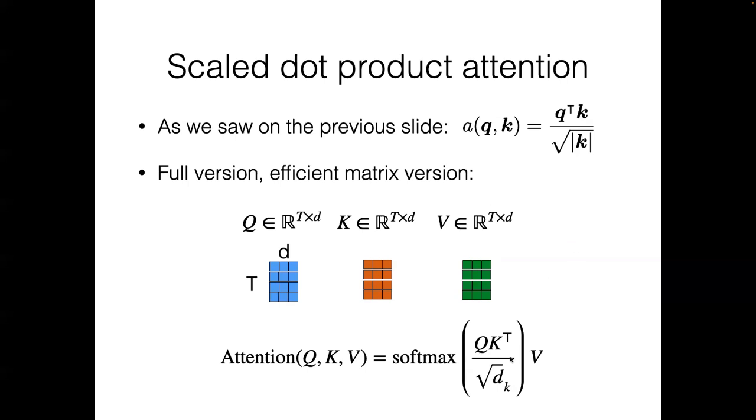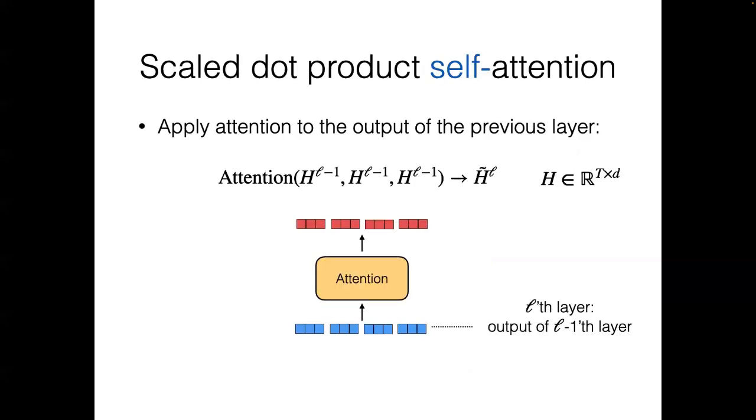Okay, so now you have this fast way of computing attention over the full sequence. The second idea is to do self-attention, which is what I mentioned earlier. You're basically going to call this attention function using the output of the previous layer. Remember we're stacking these layers together, and you're going to feed into the attention as queries, keys, and values the output of the previous layer.